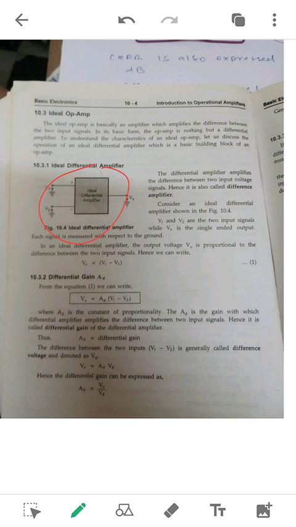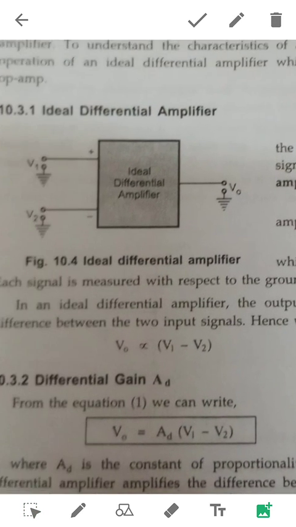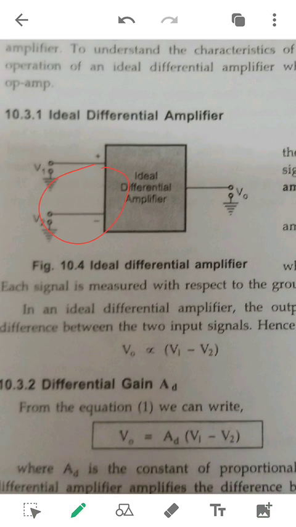You can see the plus and minus, V1 and V2. There are two voltages, V1 and V2. V1 is connected to the plus, V2 is connected to the negative. Plus means non-inverting, negative means inverting.